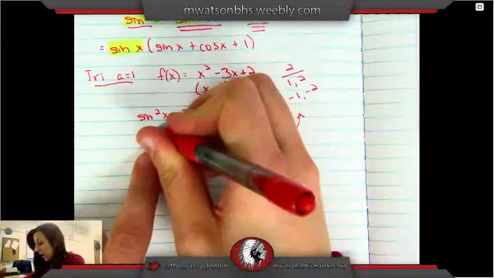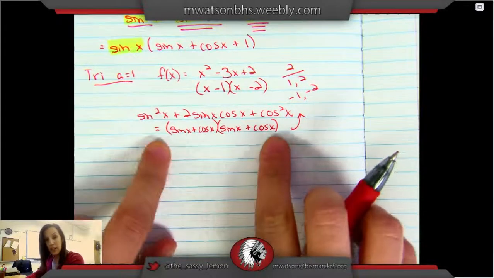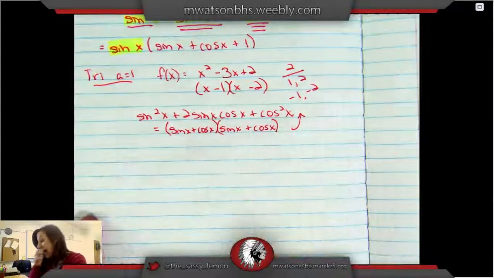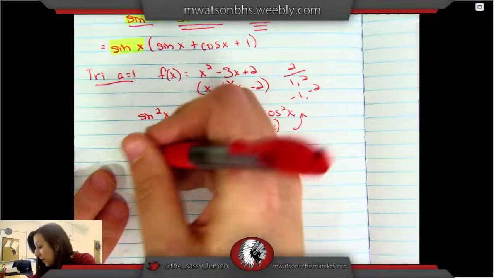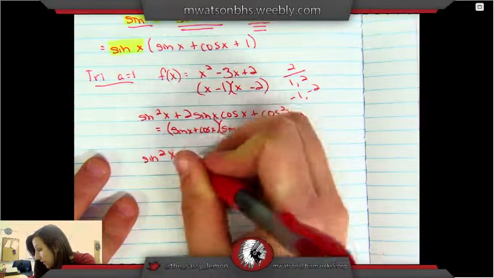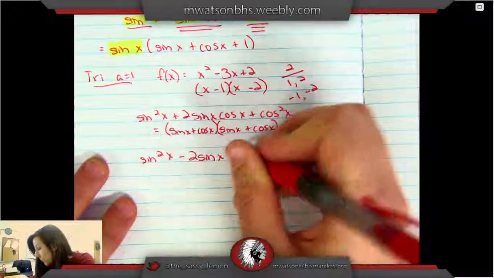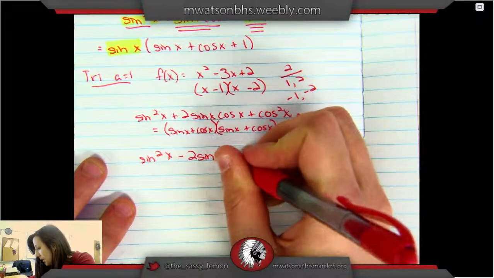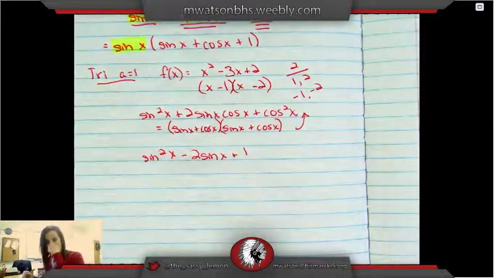So I just wanted you to have that one in your notes so you can kind of know that one, because that one comes up quite a bit. But you could also have something that fits more like the format that I just showed you, like sine squared x minus 2 sine x plus 1. Okay, so you might have something like that.